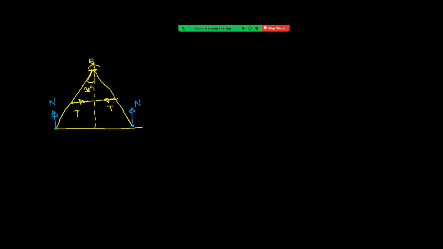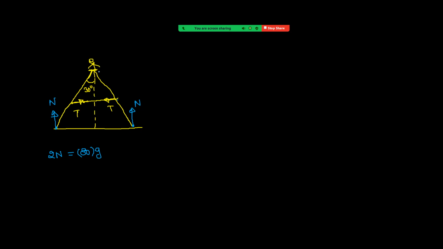First of all, we can write taking the person and ladder as system. In that case, weight of the person should be balanced by N plus N. So I'm writing first condition: 2N should be equal to weight of the person, that is mass of the person, 80, into g. So we have taken now ladder and person as a system.